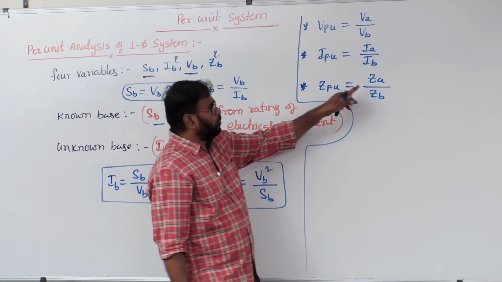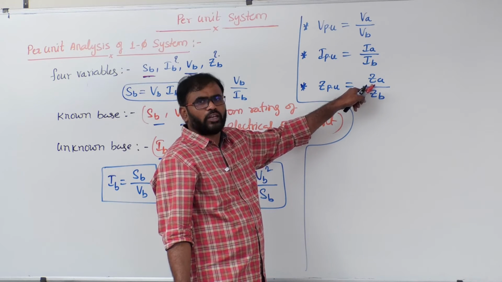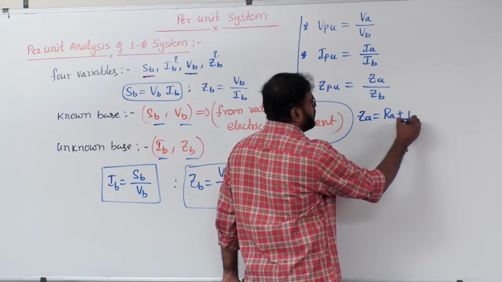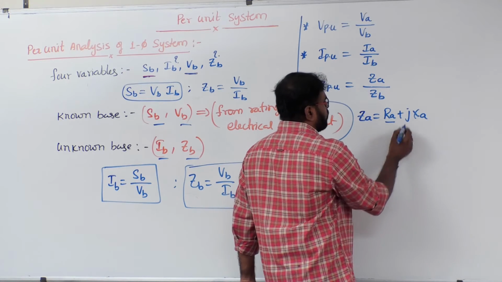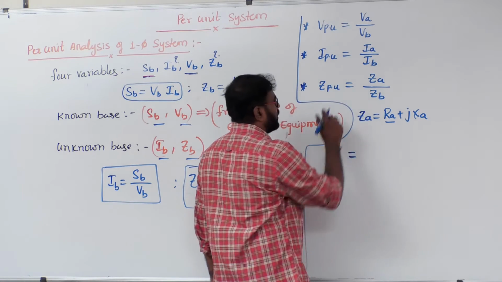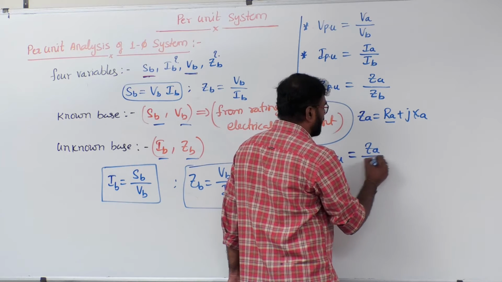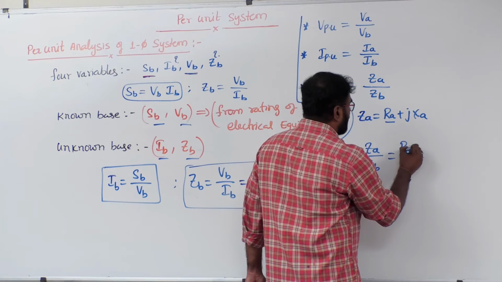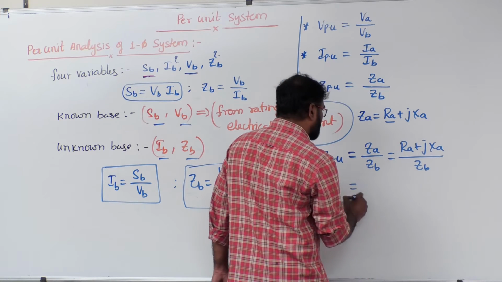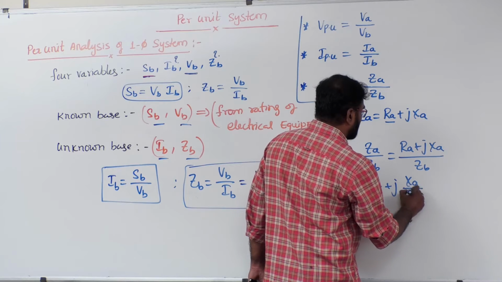See, impedance actual, strictly speaking, is a complex number. For example, if it is an RL load, I write R actual plus j times the reactance actual. Now, what is Z per unit? Z actual by Z base. So, R actual plus j X actual, divided by Z base, gives R actual by Z base plus j times X actual by Z base.